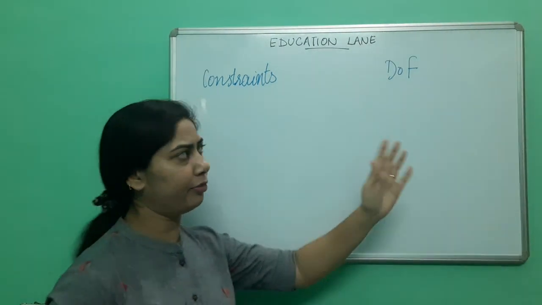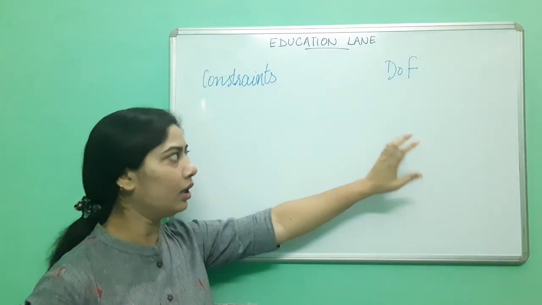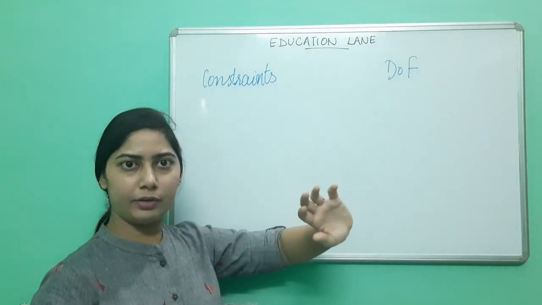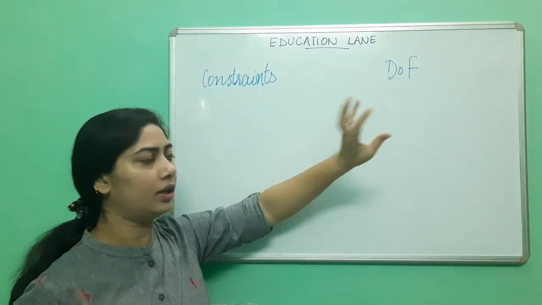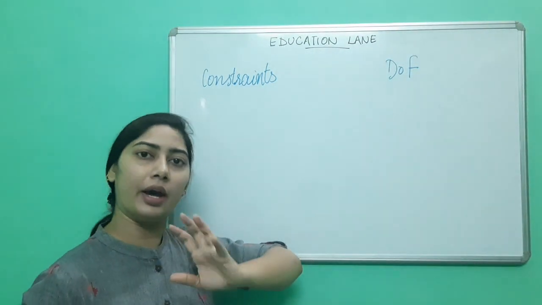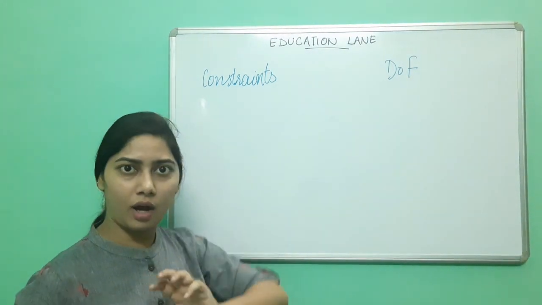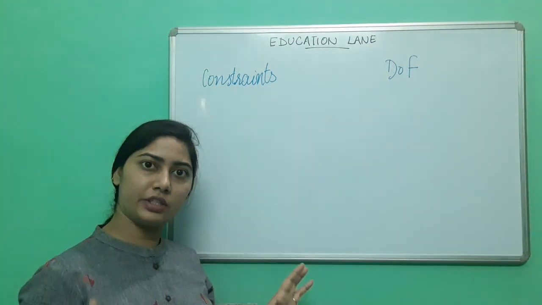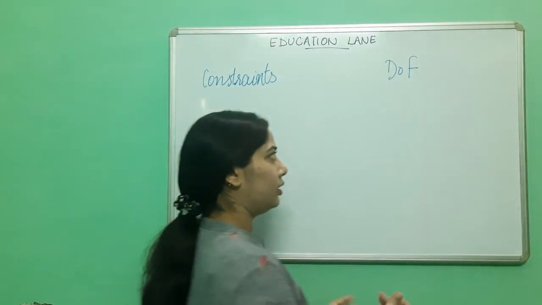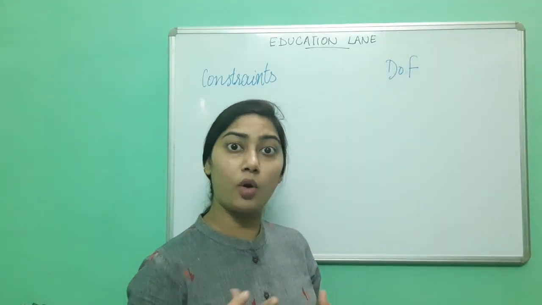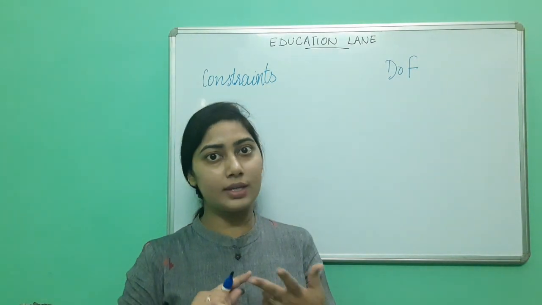Degree of freedom. Freedom tells us that there will be some freedom for the particle. Now consider a particle or a fly in your house, flying in all the possible directions. What are the possible directions according to Cartesian coordinates x, y and z?